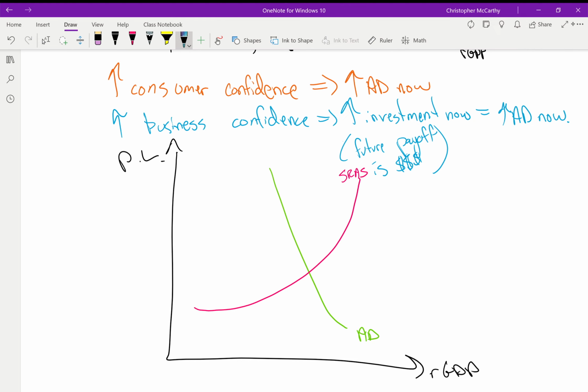Rainbow, long run aggregate supply curve. Equilibrium is right here. P0. Let's choose 0 this time. We'll call this AD0.